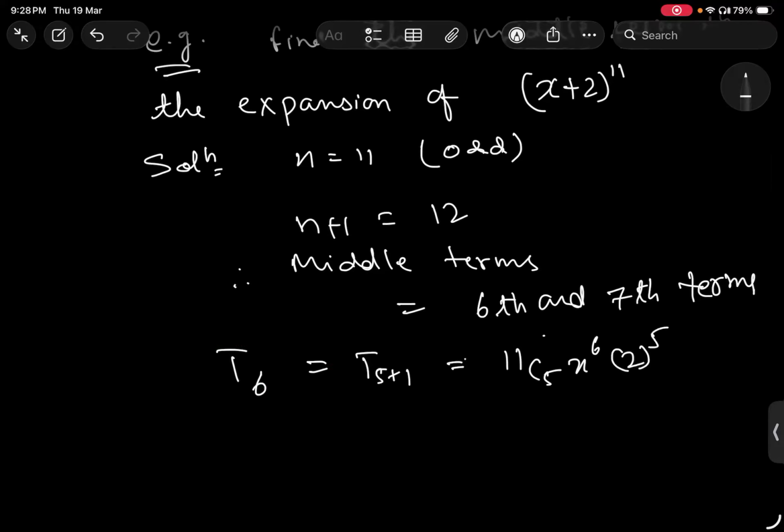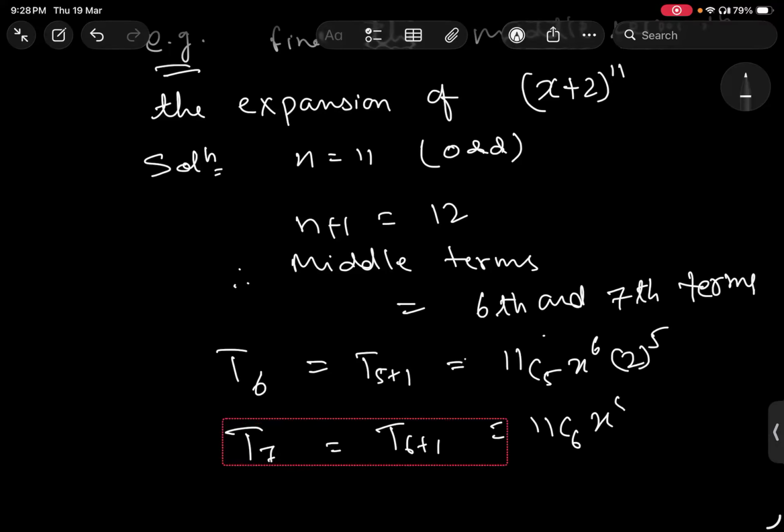And the seventh term, T7, will be T6+1, that is 11C6, x to the power 5, 2 to the power 6. These two terms will be the middle terms.